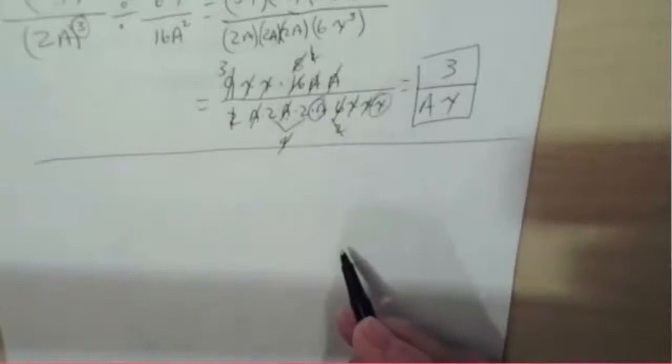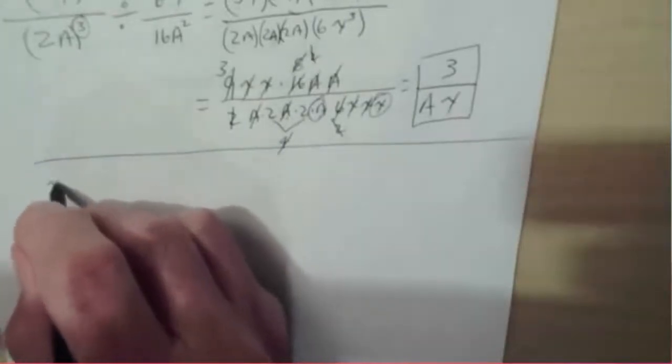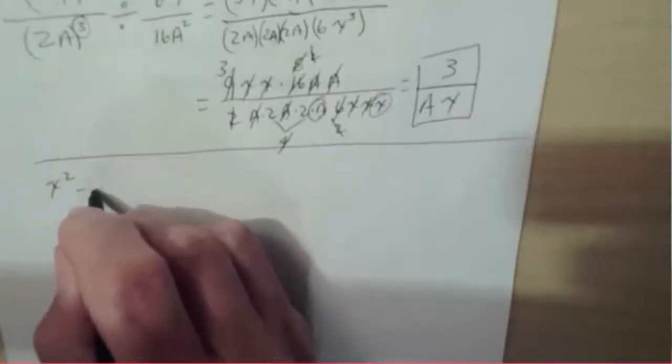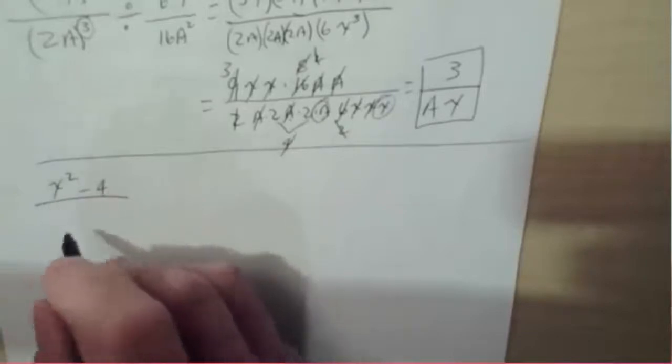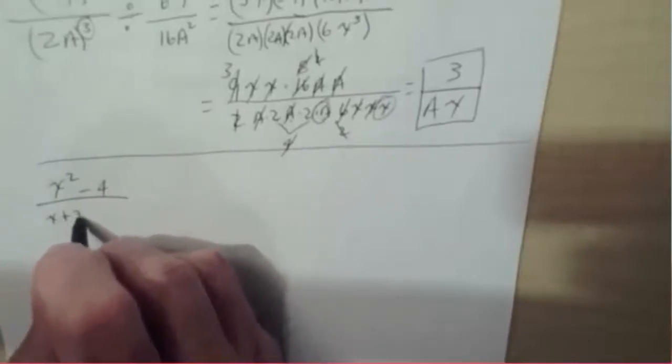Okay, page 2. Okay, what if we have this? Get this if you're so smart. X squared minus 4 over x plus 3 times x minus 2.